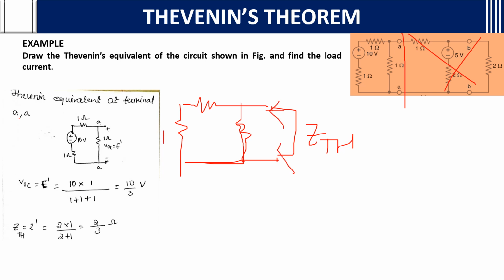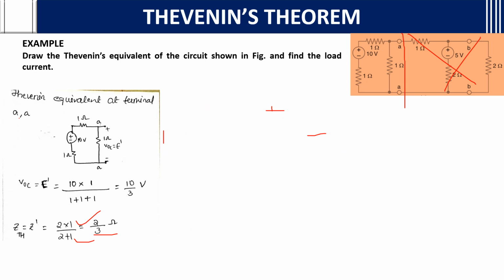This is 1 ohm, this is 1 ohm, and this is 1 ohm. As you can see, this and this are in series, you can add up. So 2 ohms is in parallel with 1 ohm. So 2 into 1 by 2 plus 1, you get 2 by 3 ohms.